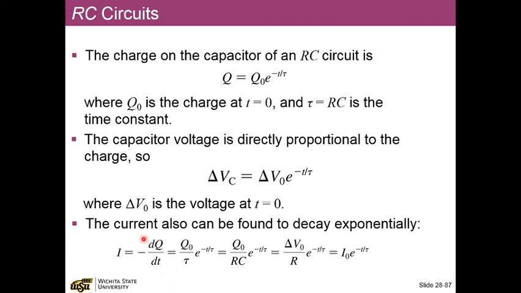Now the current: we found that the current is minus dQ/dt. If I take the derivative of that charge equation and replace tau with RC and simplify, I find that the current also decays in the same exponential manner. It starts with a maximum current and decays exponentially.